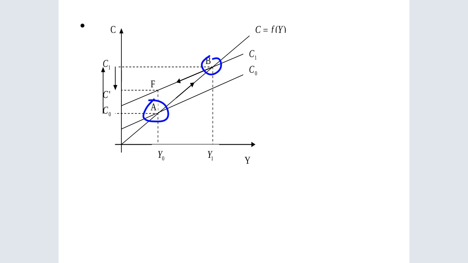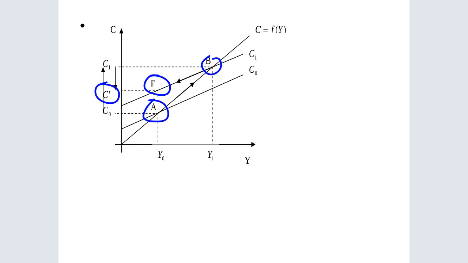Instead, the consumer will move back using the short-run consumption function, which is C1. So you'll simply move back to point F, and therefore you will consume at point F. Point F is above point A, so the consumer will consume at C double prime.